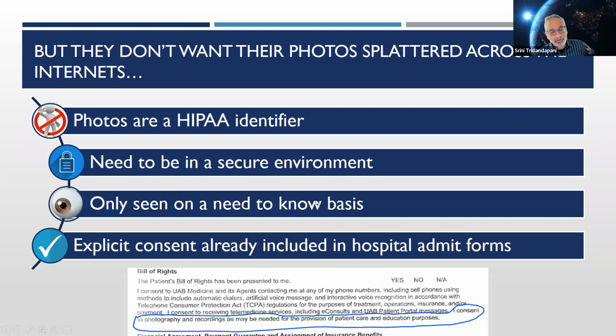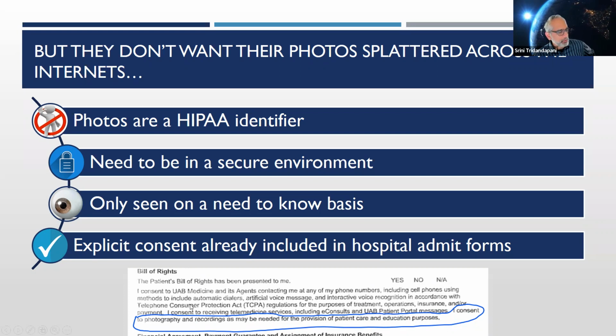It's only seen on a need-to-know basis. Every time you log into PACS and you look at a study, there is a log of who interacted with it. So really, random people can't be looking at these images. And we already obtain explicit consent in the hospital admit forms.